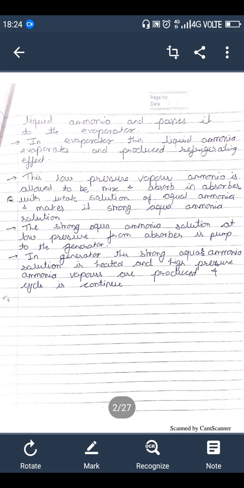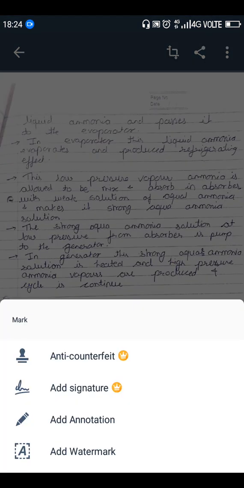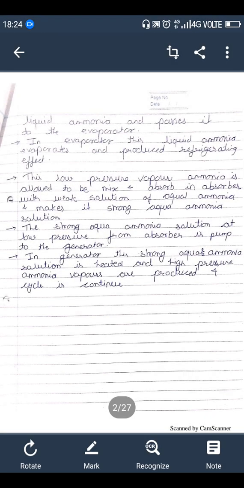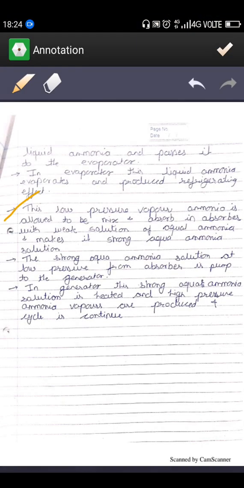In the evaporator, this liquid evaporates, and this low pressure ammonia vapor is allowed to mix and be absorbed in the absorbent, a solution of aqua ammonia, making it a strong aqua ammonia solution. This strong aqua ammonia solution at low pressure from the absorber is pumped to the generator. In the generator, the strong aqua ammonia solution is heated and high pressure ammonia vapor is produced, and the cycle continues.